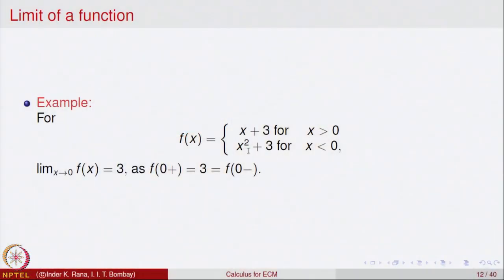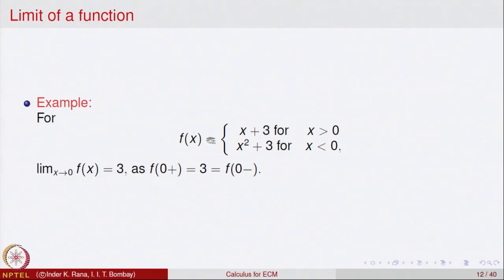So, this is the concept of left limits and right limits. Let us look at probably one more example before we close. Let us look at x plus 3 and x square plus 3 for x bigger than 0 and less than 0 respectively. If I take a sequence x_n bigger than 0, then x_n plus 3 will converge to the value 3.